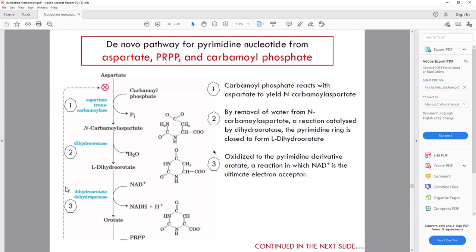In fact, for Lesch-Nyhan syndrome, you have problems with your nervous system, your heart metabolism, your behavior, and your uric acid concentration is also high, so we don't want that. That's why the salvage pathway is very important.